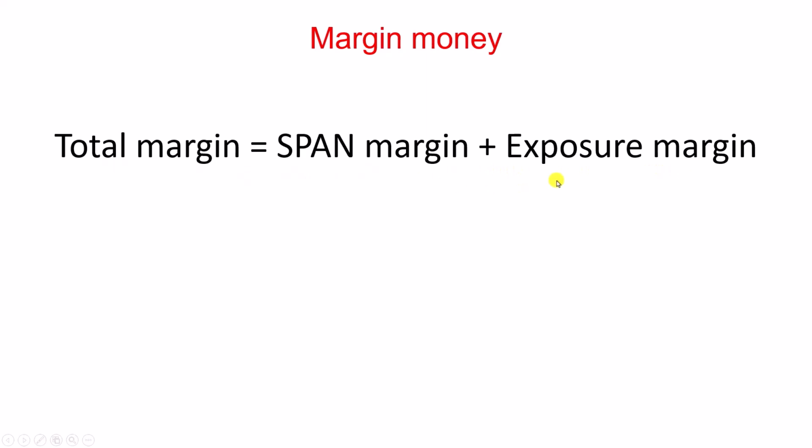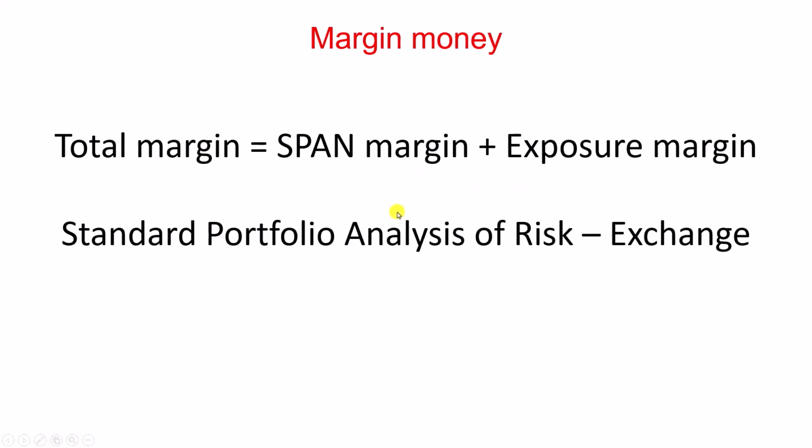Now what are these? Span stands for Standard Portfolio Analysis of Risk. So this is a method of calculating risk, and this name is derived from the software which calculates that too.